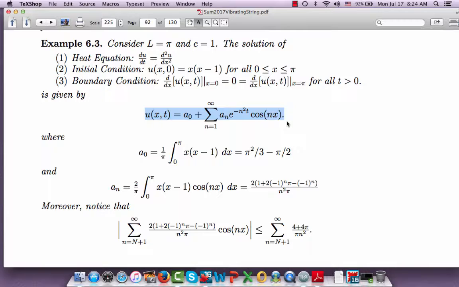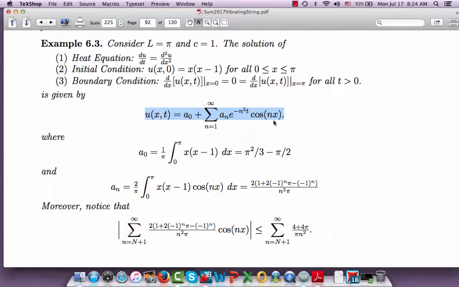And when you evaluate those cosine terms at the ends of the bar, you don't get 0. So in order to force the boundary condition to hold, we just said, well, let's assume that the b sub n's are all 0. So we have a series of this form, because when we differentiate these cosine terms, they'll become sine terms which always equal 0 at the ends. So this boundary condition is satisfied by this format.